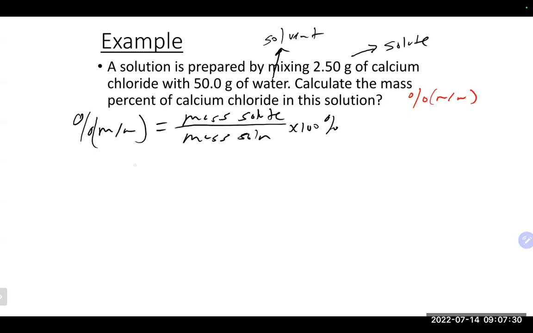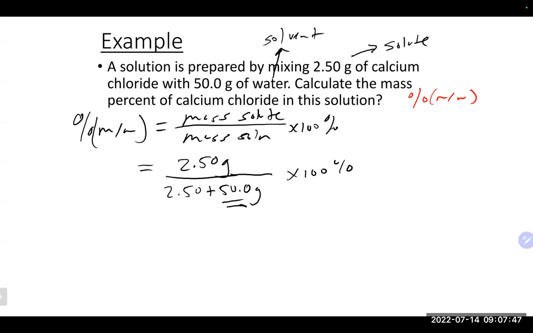So the mass of the solute would be our 2.5 grams. The mass of the solution would be the 2.5 grams plus the 50 grams of water. Again, important to get them both and not just the solvent by itself.